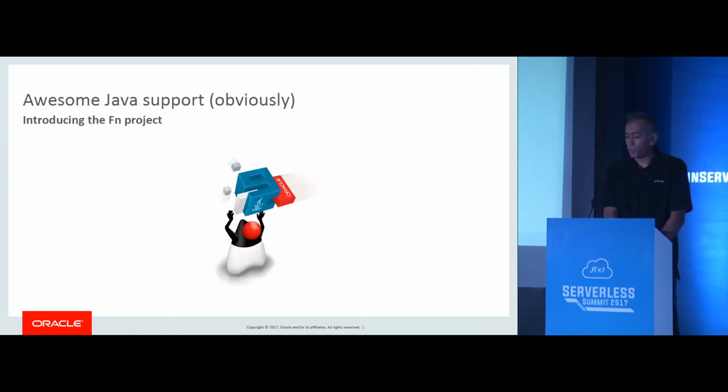So in the FN project, there's awesome Java support. Specifically, there's a built-in JUnit-based testing framework, to provide a high-fidelity testing environment on your local machine. It's the same thing that would be used when you deploy your function to the production environment, so you have good confidence that it's doing what you expect it to do.